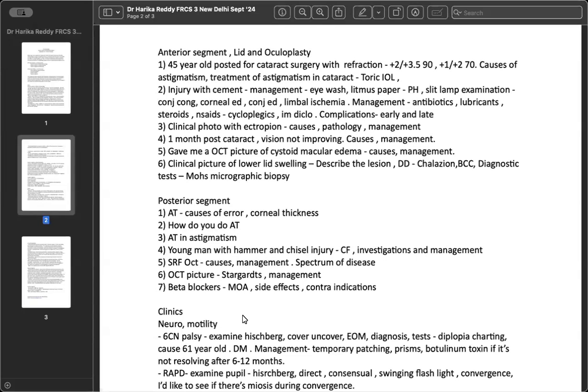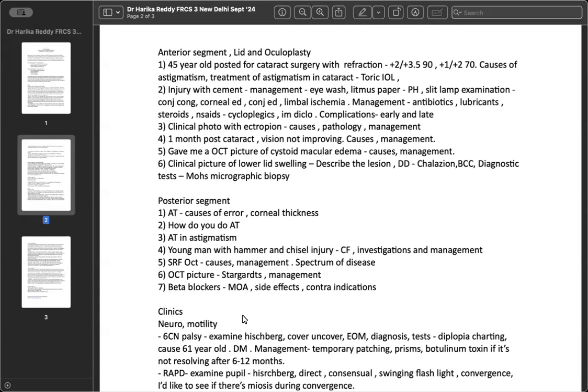Okay, so moving on to SRF. He gave me an OCT picture in which there was a subretinal fluid. They asked me the causes of SRF. It could be a type 1 personality, or the patient has been on steroids.